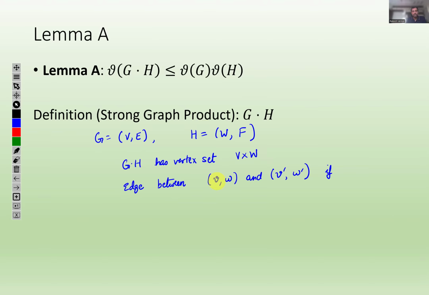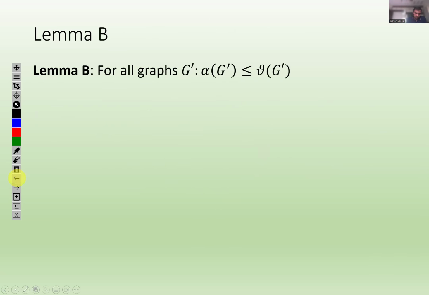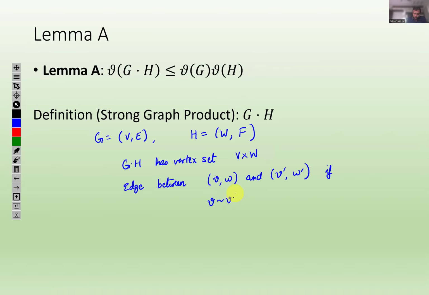When I say similar, it means either there's an edge in the base graph, either G or H, depending on the coordinate, or both are the same vertex. So this is in G and this will be in H. In any graph G, we call two vertices similar if they either are the same vertex or they have an edge between them.